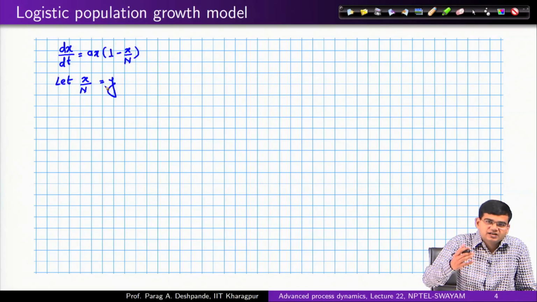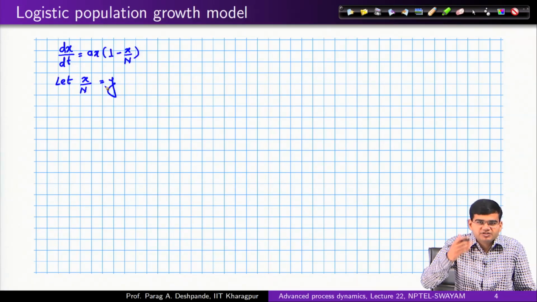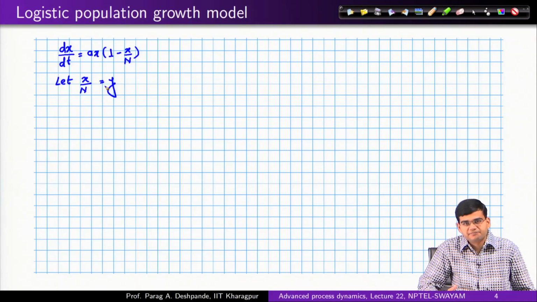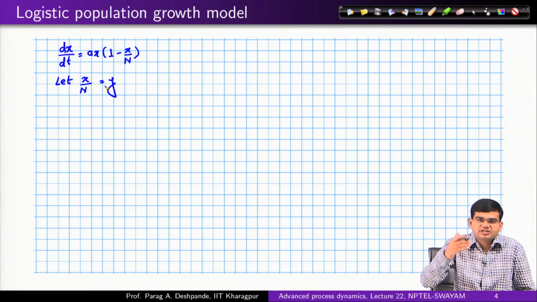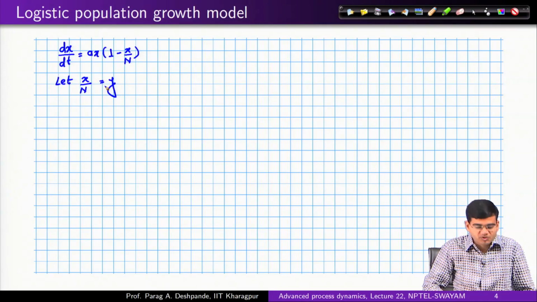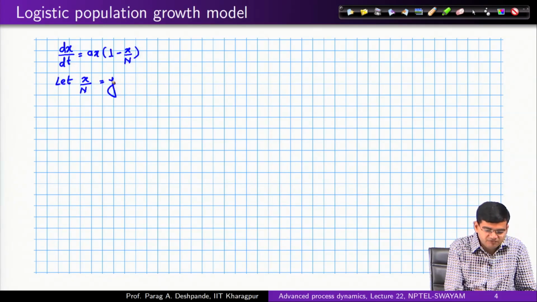So, if a region can support say 1000 members of the species, then at any instant of time, what is the fraction of the species present in that region out of the total? Okay. So, this is given by y.